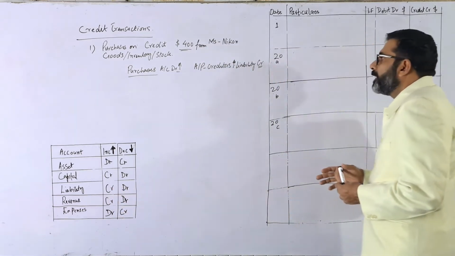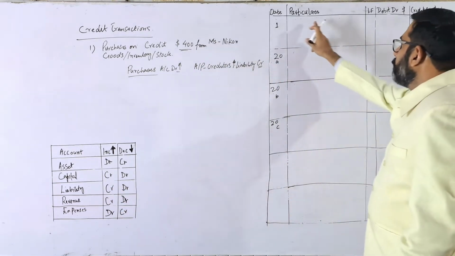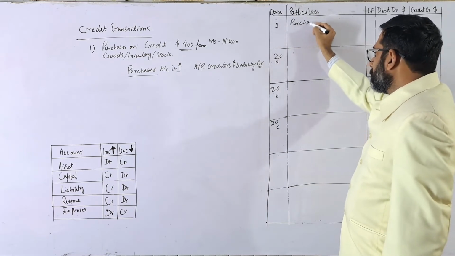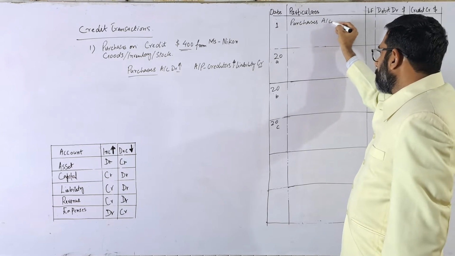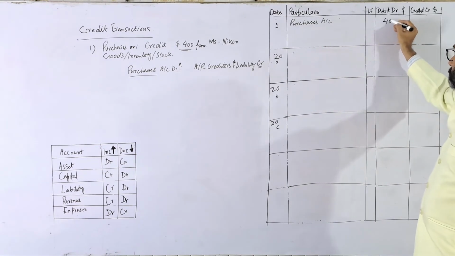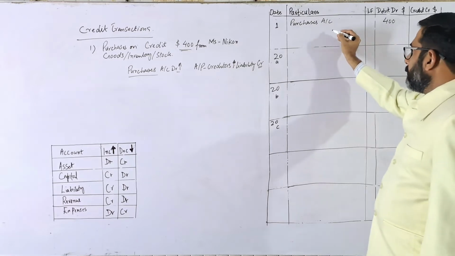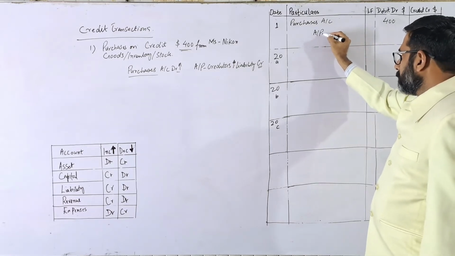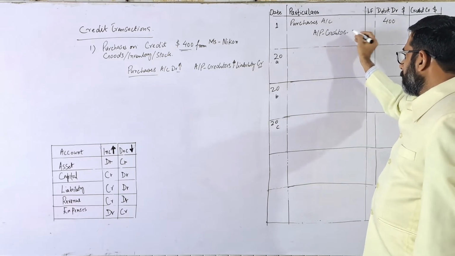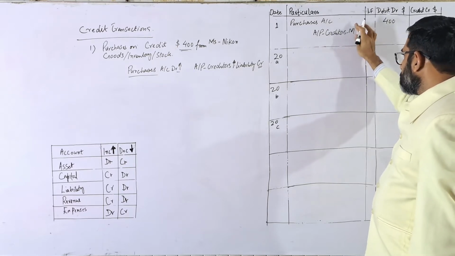So first we will record this transaction. We will write purchases account debit, amount of $400, and then account payable, creditors, that is Messrs.